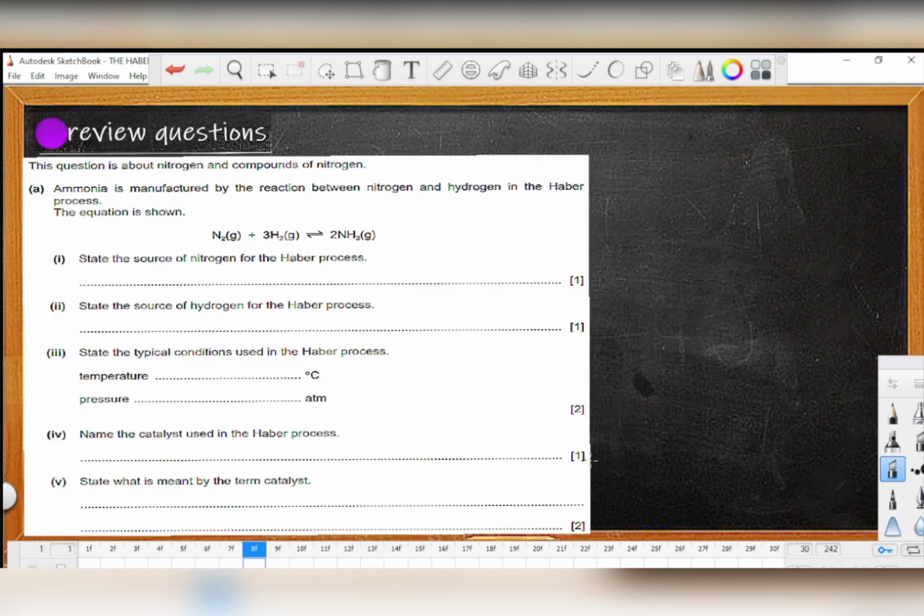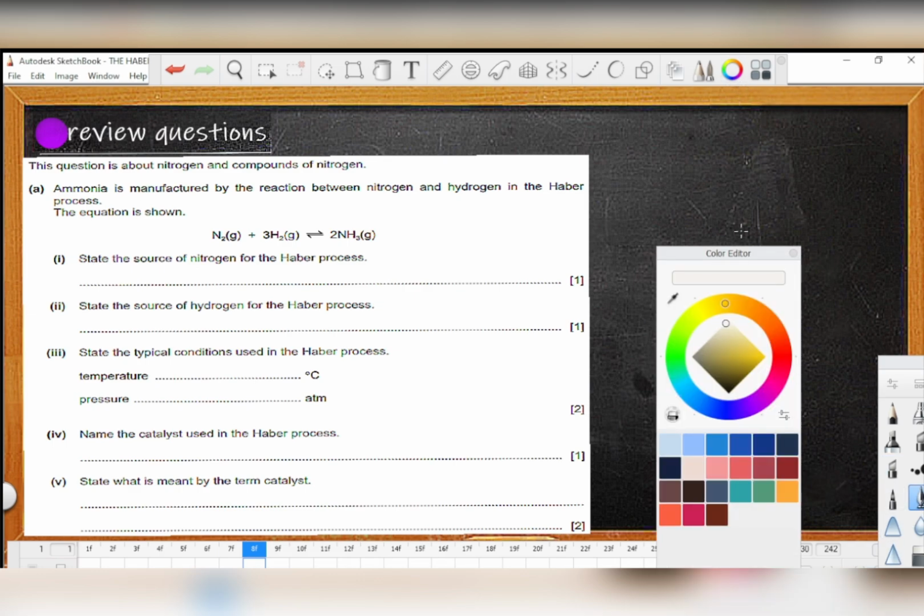Now let's see a few questions. Now, the first question here says, the question is about nitrogen and compounds of nitrogen. Ammonia is manufactured by the reaction of nitrogen and hydrogen in the Haber process. The equation, like we saw, states the source of nitrogen for the Haber process. We already did that. The source of nitrogen will be what?